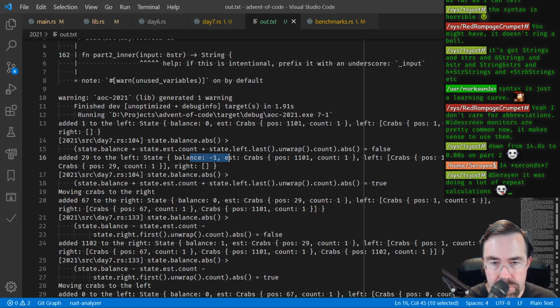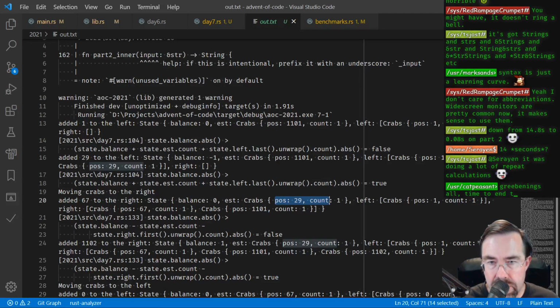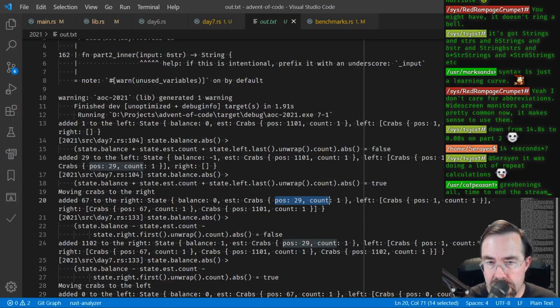Moved crabs to the right, and add 67 to the right. So we have 20. That's not even correct. It should have moved. Oh, is it not sorting correctly? Oh no, that's right. The 29 moved to the right because of our estimate.